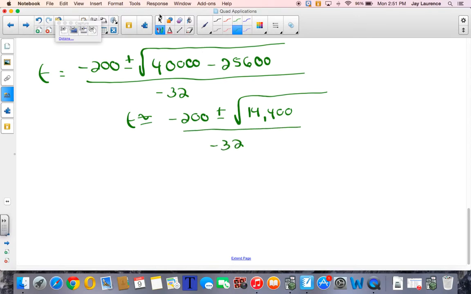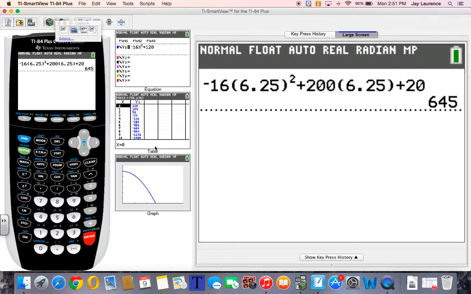So I'm going to go to my graphing calculator at this time, and I'm going to go parentheses, negative 200 plus the square root of 14,400, close that parenthesis now, and I'm going to divide it by negative 32.